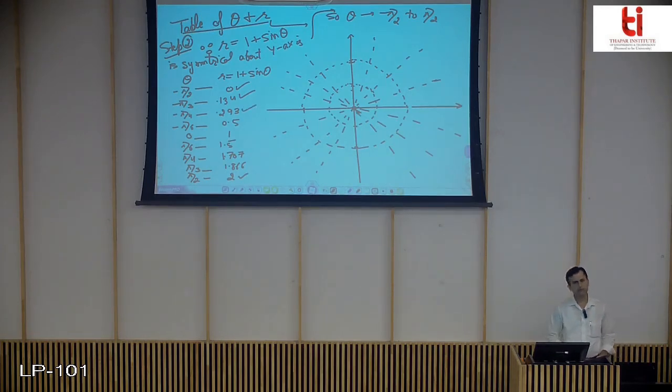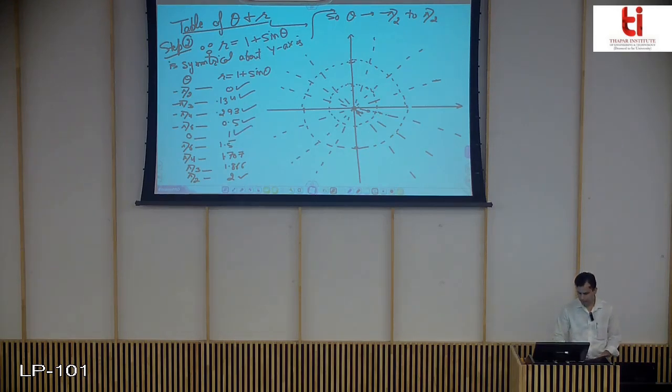Then minus pi by 4, and r is 0.293, so somewhere here. Just an approximation. Minus 30, r is 0.5, half of this 1 unit, somewhere here.